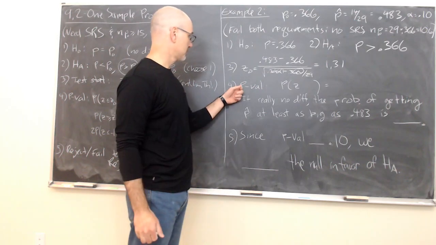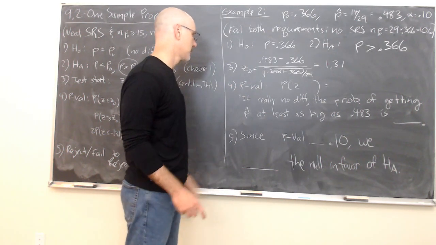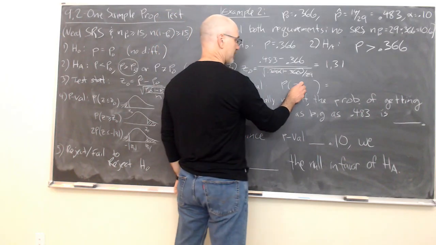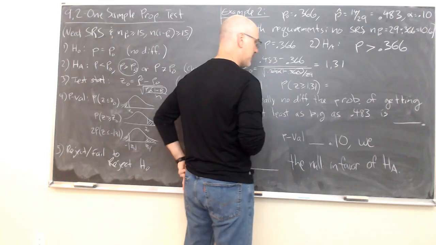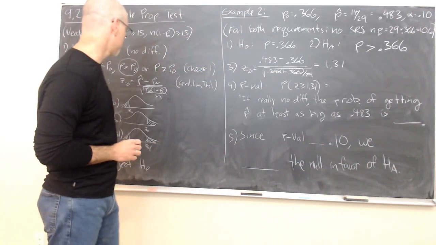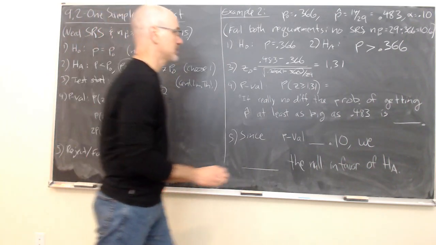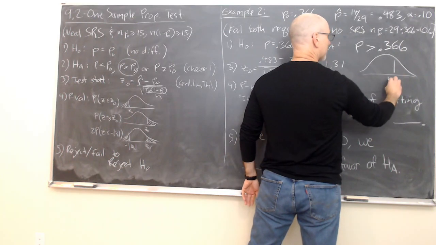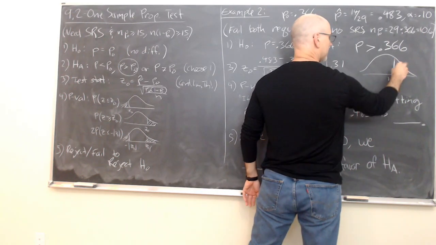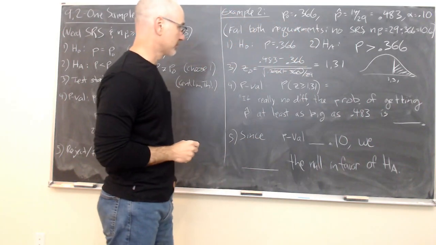Well, that calculation is based on the p-value, where we have to figure out the probability of getting a z-score at least as big as 1.31 because we had the greater than alternative hypothesis. Right, so somewhere on our standard normal, we've got 1.31, and we need to figure out the area to the right of 1.31.